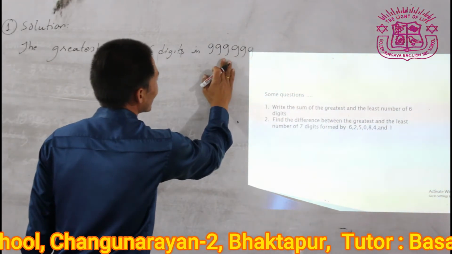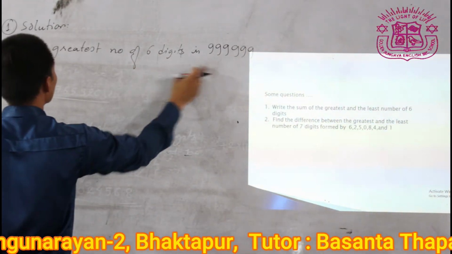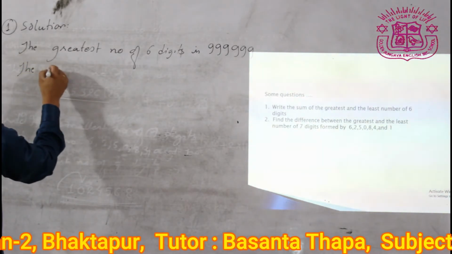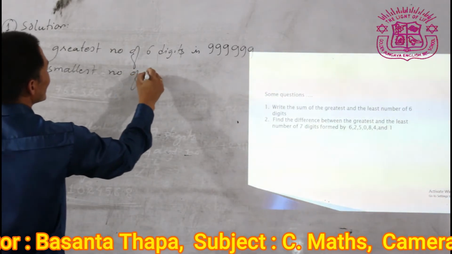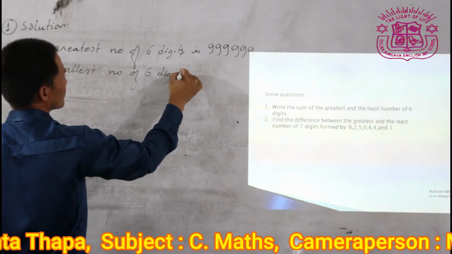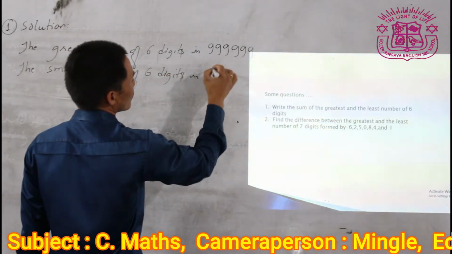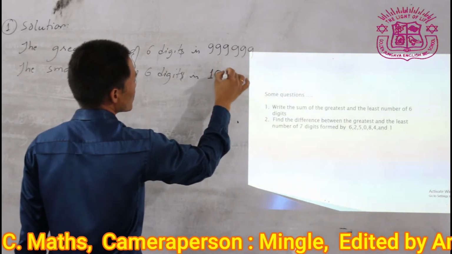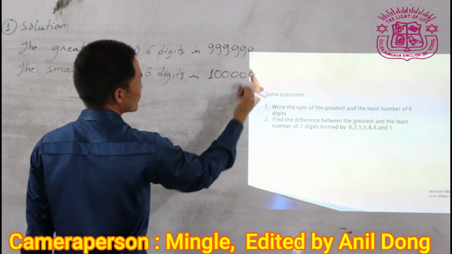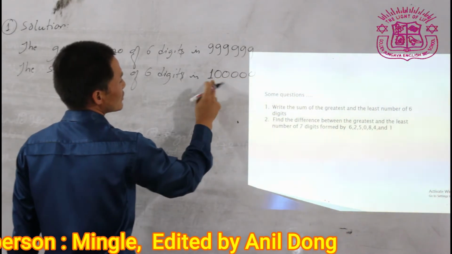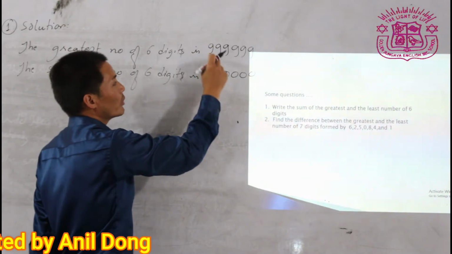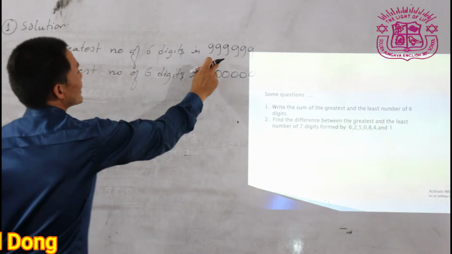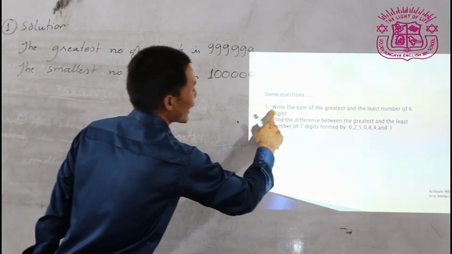This is the greatest number of 6 digits. The smallest number of 6 digits is 1, 0, 0, 0, 0, 0. See, 1, 2, 3, 4, 5, 6. 6 digits. This is the smallest number of 6 digits, and this is the biggest or the greatest number of 6 digits. And the question is, write the sum of the.